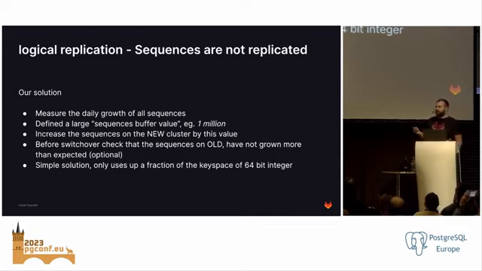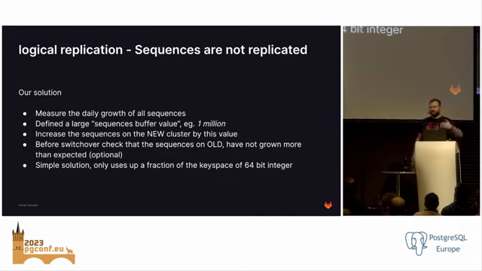Prior to the upgrade, we looked at our sequences, and we selected the information at which point each sequence was. So we got the integer value at which point the sequence was. And then a week later, we looked again, how did the sequences evolve? How many IDs did each sequence produce during 1 week? And we defined a threshold, how many sequences we could at max use during the upgrade.